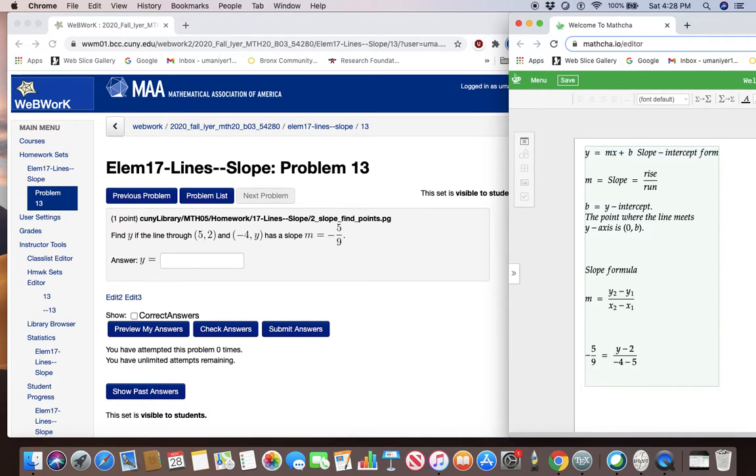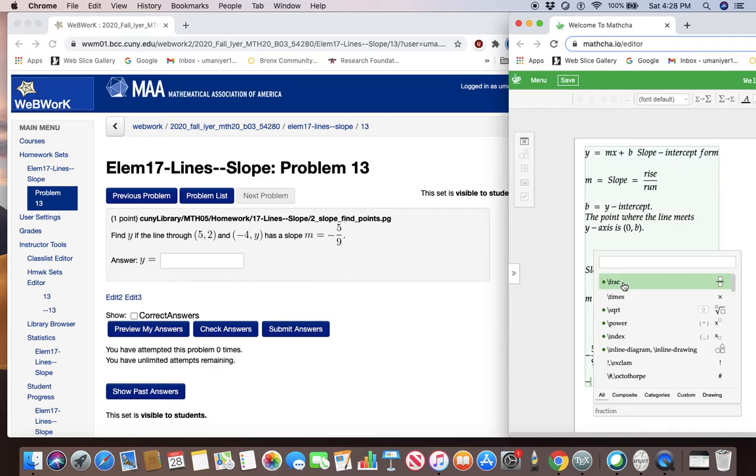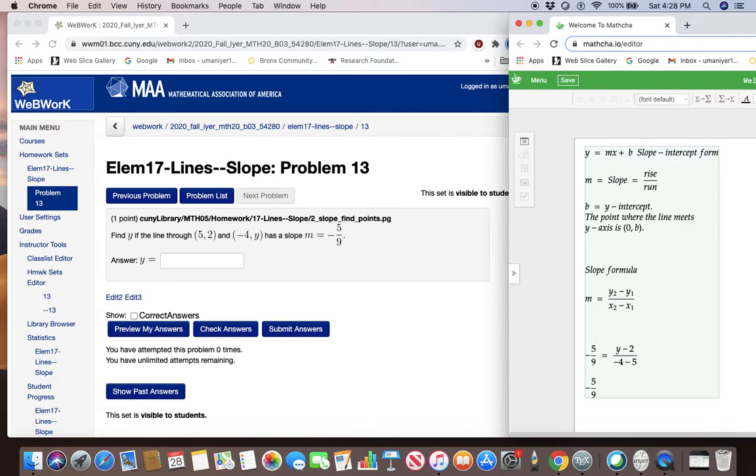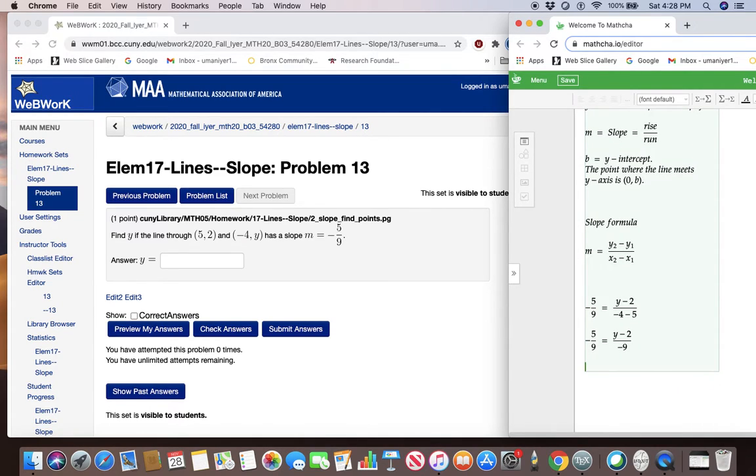So in other words, negative 5/9 equals the fraction y minus 2 over, look at that, that's a negative 9. So if I multiply both sides by negative 9, what do I get? Why do I multiply both sides by negative 9? Because I have that as a denominator.